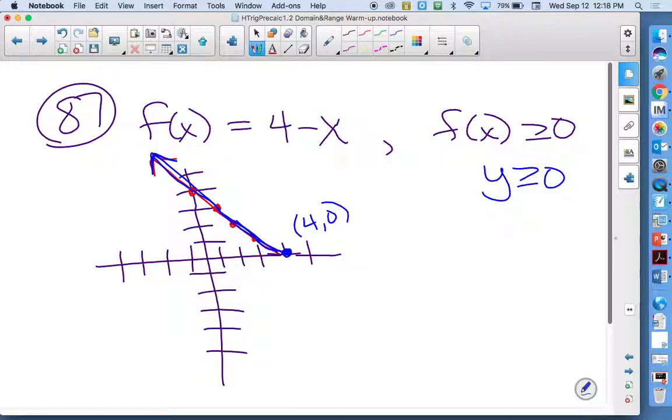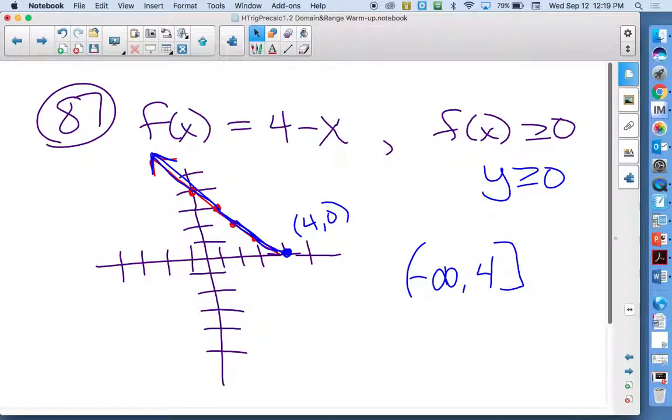When you're describing an interval, you're describing it with x values, the horizontal distance. So Ethan, what would the interval be? Yeah. So from negative infinity to 4, the graph has a y value that's greater than or equal to 0. Any point on x that goes from negative infinity to 4 has a y value that's above the x-axis.